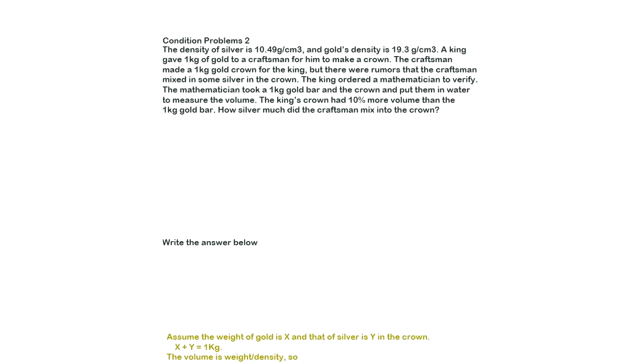The density of silver is this, and gold density is this. A king gave 1 kilogram of gold to a craftsman. The craftsman made a 1 kilogram gold crown for the king, but there were rumors that the craftsman mixed in some silver in the crown. The king ordered a mathematician to verify.